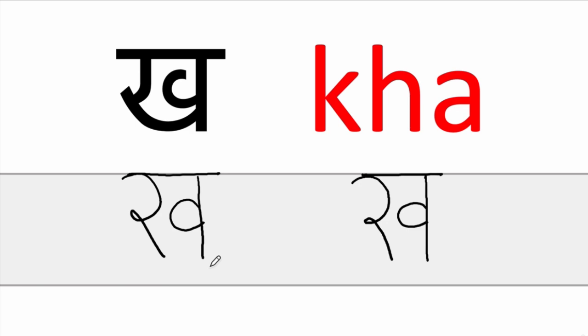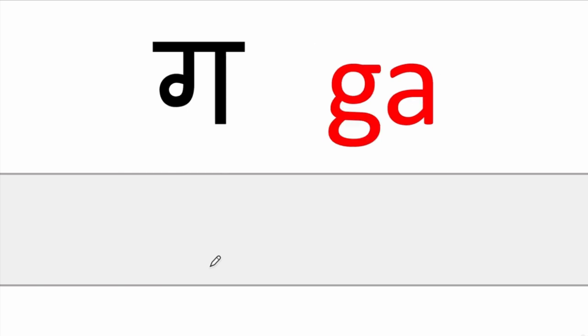Now let's move on to the third consonant, ga. Now let's see how to write it. Let's see one more time.